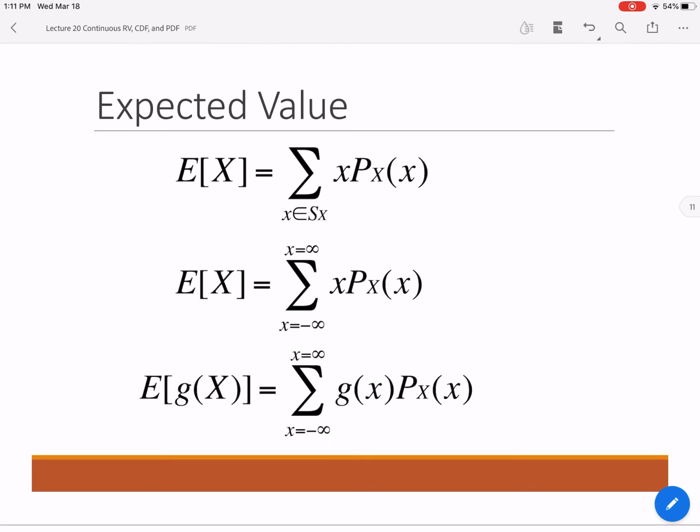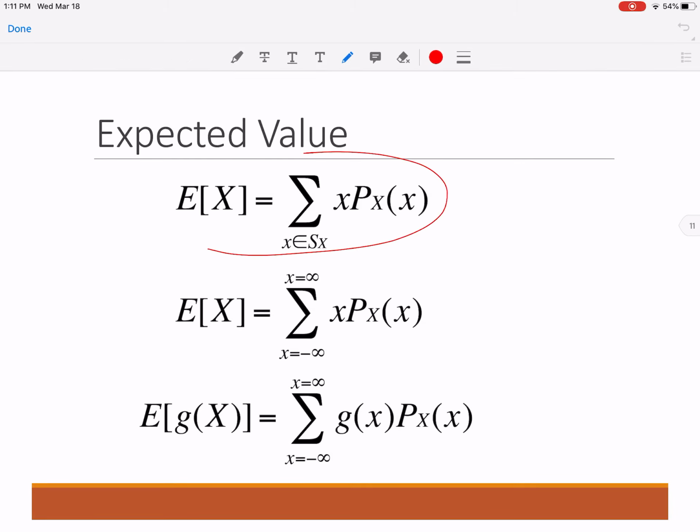The next important theory that we studied was the expected value. Expected value is also called the mean of a random variable, represented by mu, and it's called the average, and there are many other terms. Those all mean the same thing: the expected value. The expected value of a random variable x is given by this formula.